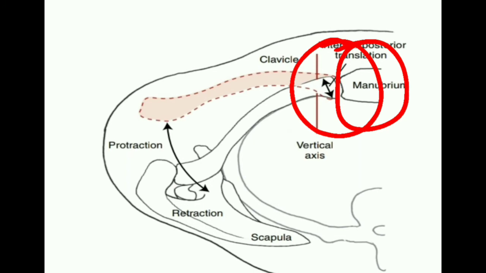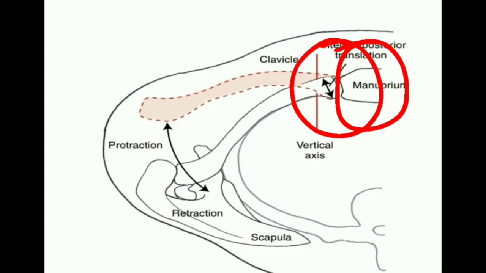Do you understand? In elevation and depression, the clavicle was convex and the manubrium was concave, right? So here in protraction and retraction, the clavicle is concave and the manubrium is convex. This is the exact opposite of that. So the osteokinematics and arthrokinematics will be the same, like they occur in the same direction, that is, extraarticular and intraarticular occur in the same direction. So what happens here?